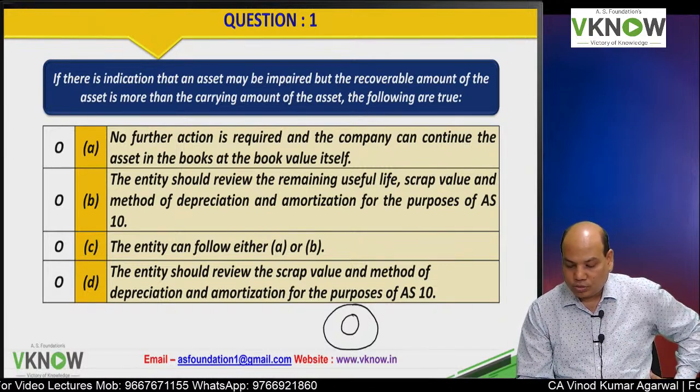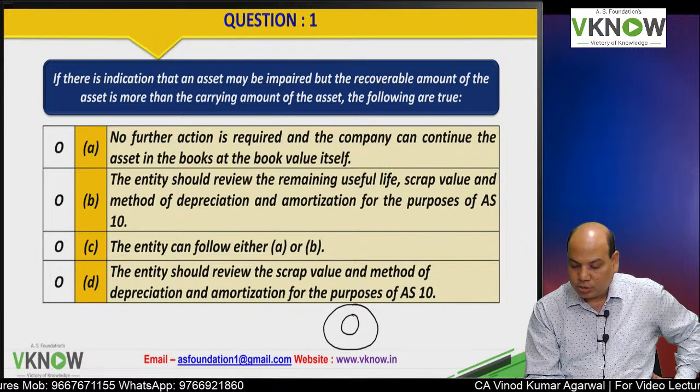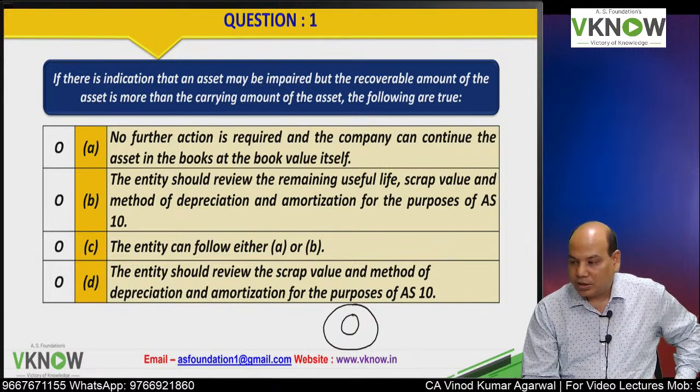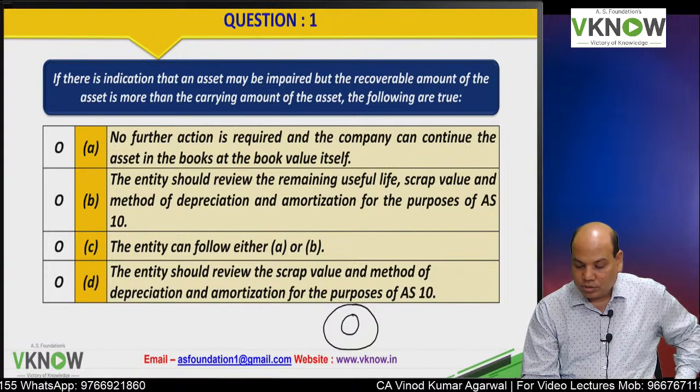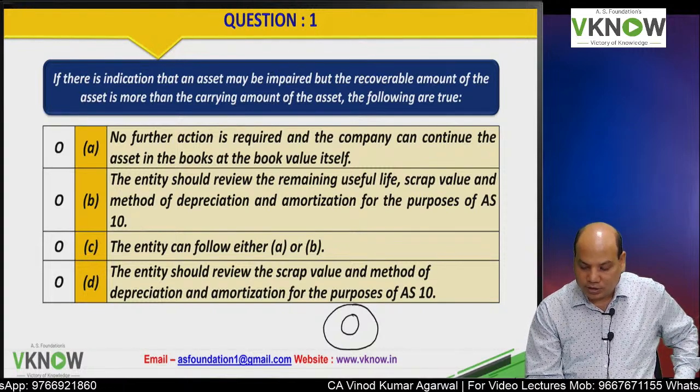Which of the following are true? Option A: no further action is required and the company can continue the asset in the books at the book value itself. Option B: the entity should review the remaining useful life, scrap value and method of depreciation and amortization for the purpose of AS 10.